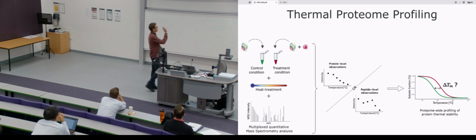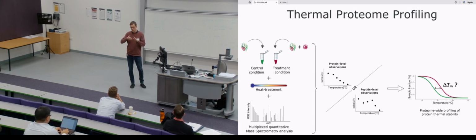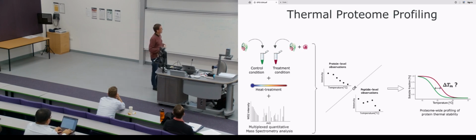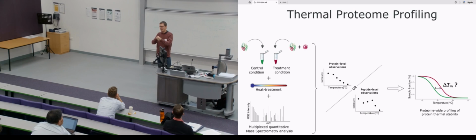Okay, so you've got a control condition and a treatment condition. You do this heat treatment, you do your proteomics to quantify the proteins, and you do this in high throughput for lots of proteins at the same time for one treatment. And then the temperature changes, and the idea is that if the protein is bound to something, then it's going to change the temperature at which it denatures.